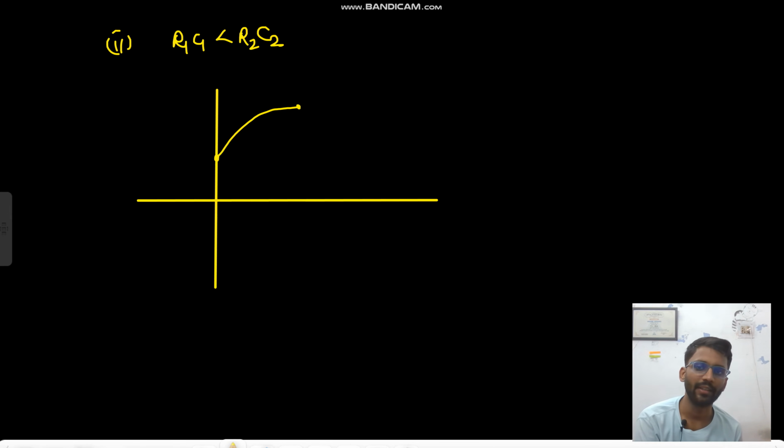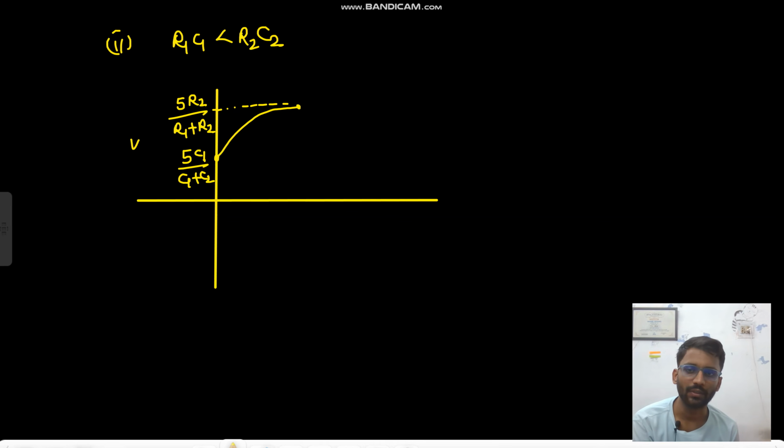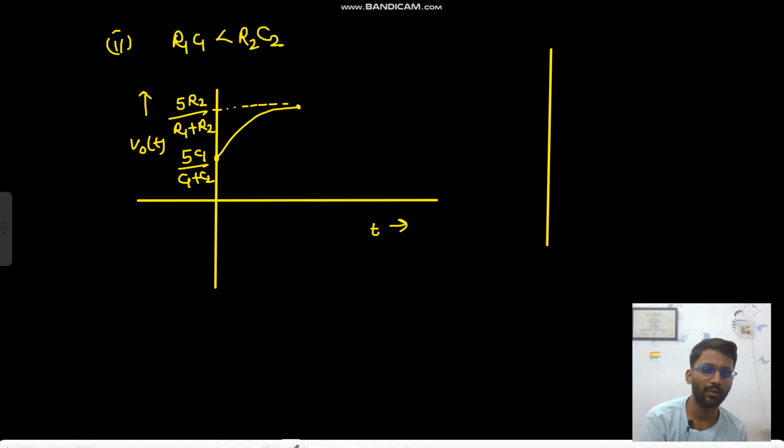So initially you had gain 5 into C1 upon C1 plus C2. Then eventually you are having 5 R2 upon R1 plus R2. So this was your V naught of t with respect to t. And now your Bode plot also you can draw.